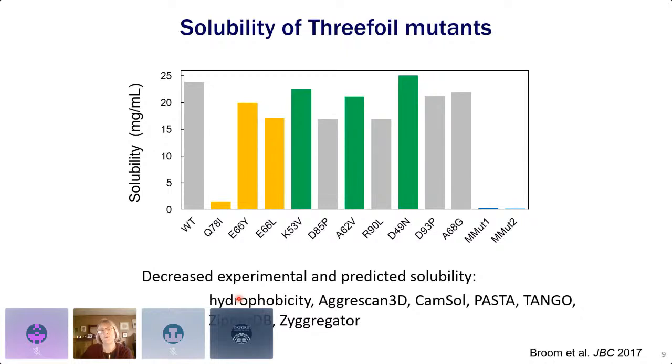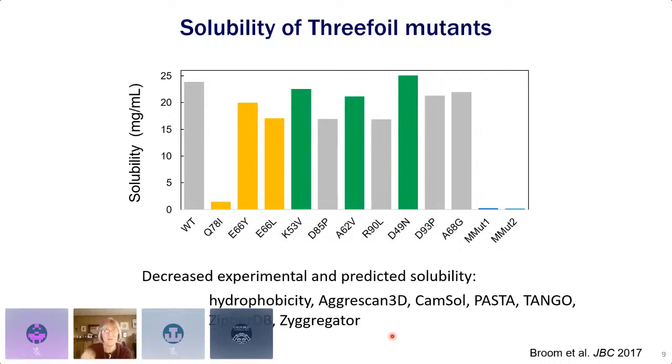And when we looked at it after the fact, we went, well, yeah, no wonder they're bad. They're mostly making the protein more hydrophobic. You can see this. And so we have removing a charge, adding aliphatic hydrophobic side chains. And you can predict this to an extent with a variety of predictors. It's not very precise, but you can rationalize it.